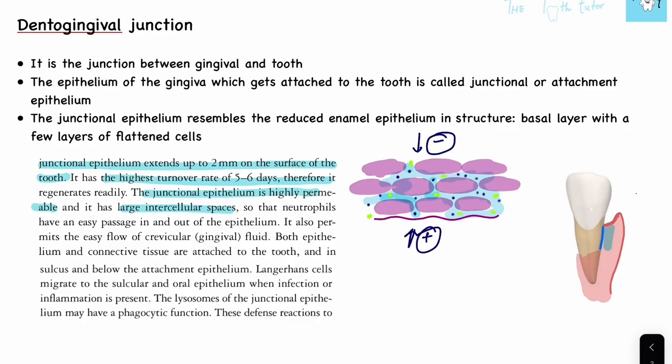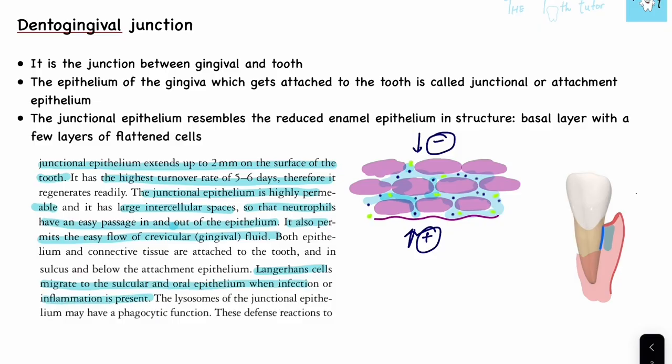You have various neutrophils that have an easy passage in and out of the epithelium because of the intercellular spaces, and it also permits the flow of cervical or gingival fluid. Then Langerhans cells can also migrate to this epithelium in case of infection or inflammation.